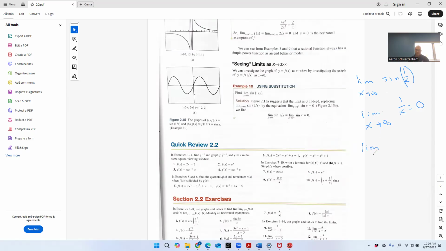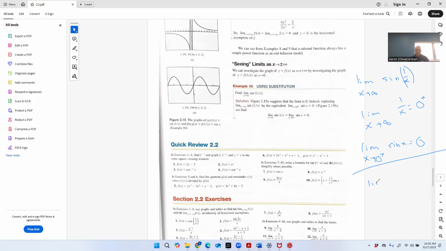So I can do this limit as x approaches 0. It's approaching 0 from the positive side, slightly larger than 0, of sine of x. And sine of x happens to be 0.